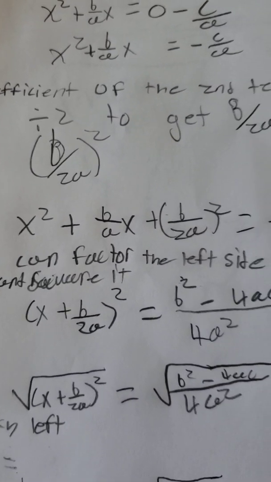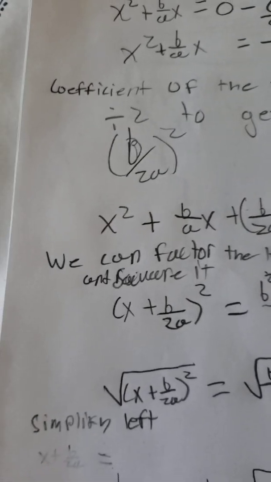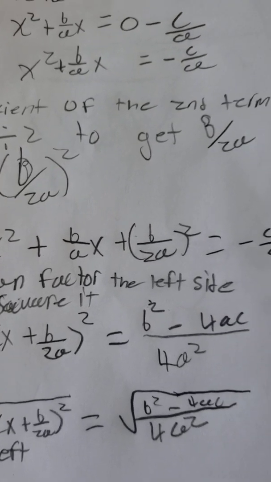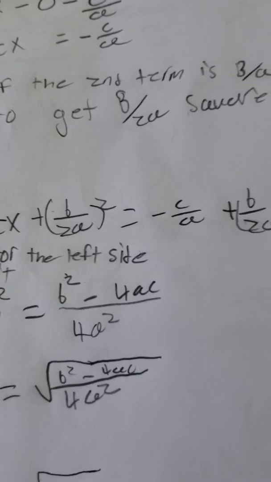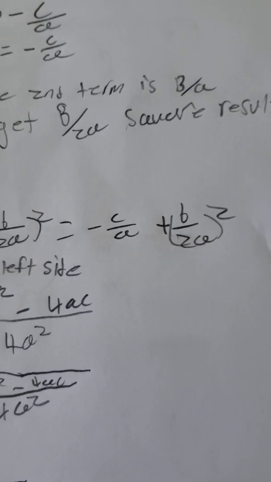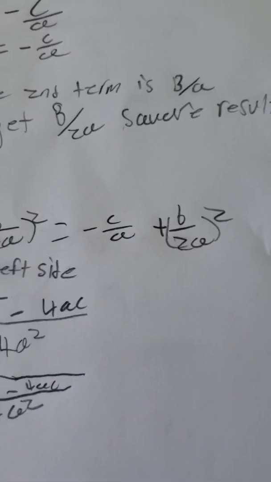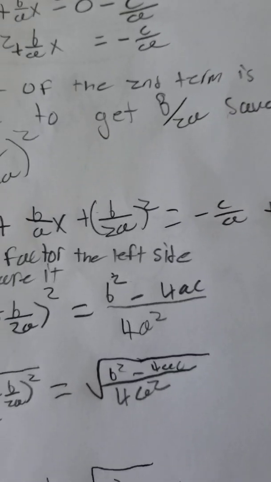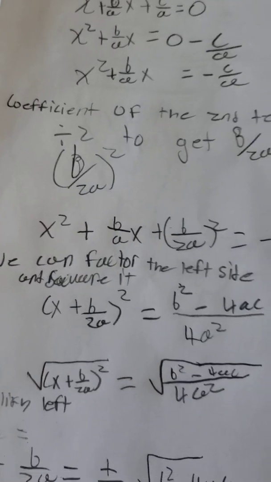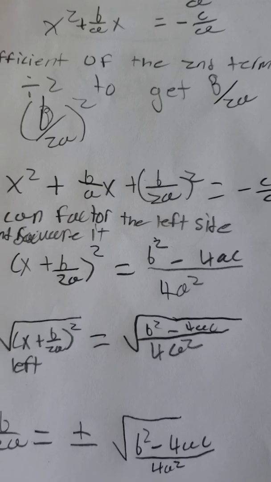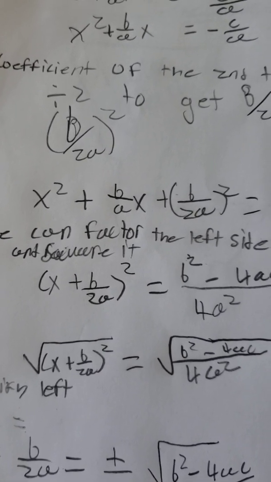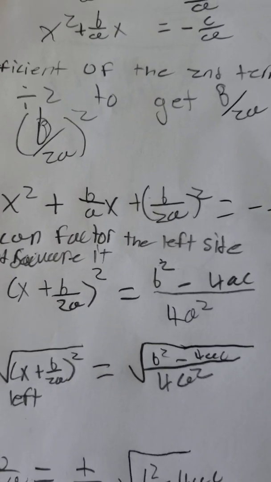So x squared plus b over a x plus b over 2a squared equals negative c over a plus b over 2a squared.